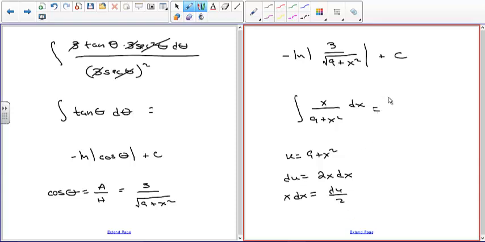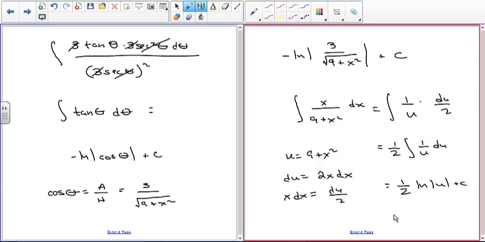So we can say this is 1 over u times du over 2. So you get 1/2 the integral of 1 over u du, which is 1/2 the natural log of the absolute value of u, plus c. In this case, u is that, so I get 1/2 the natural log of the absolute value of 9 plus x squared plus c.